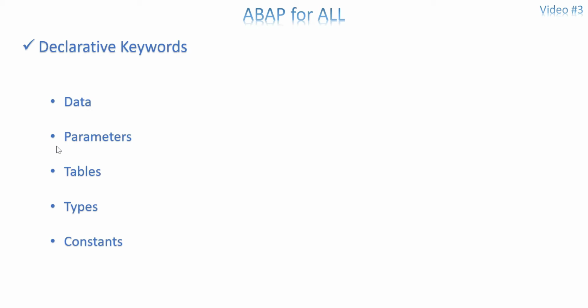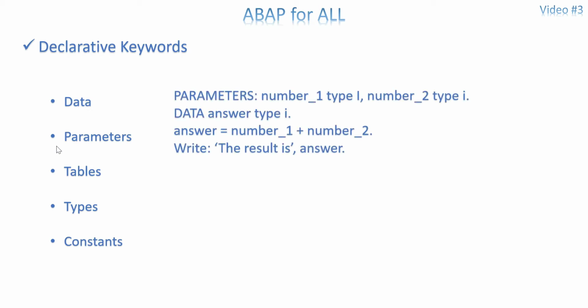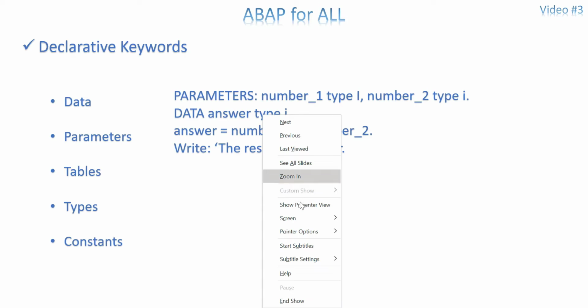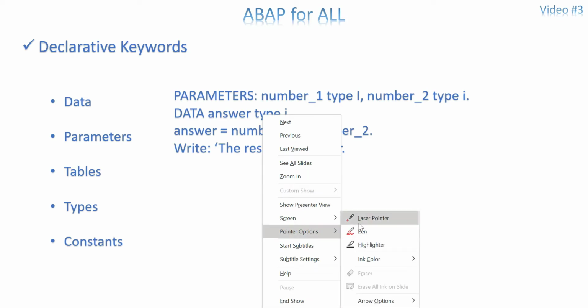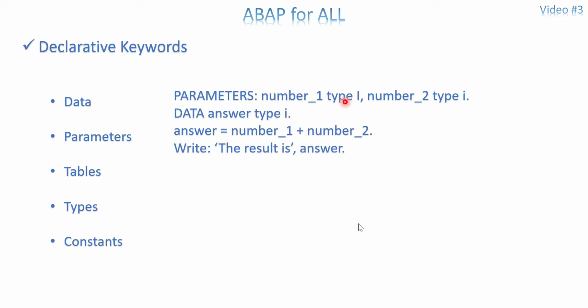Last video I used this example, I believe almost similar. I need two numbers. The idea is I'm going to get two values through the input screen from the user, and I need one more variable. This variable's value is to be determined within the program.